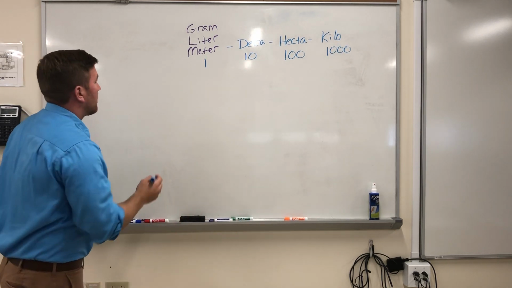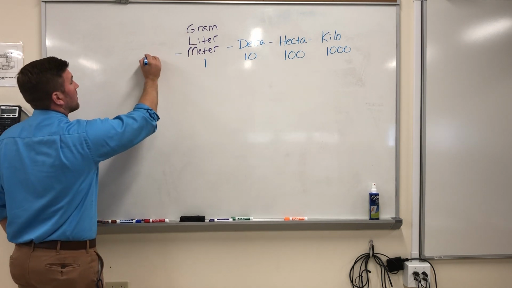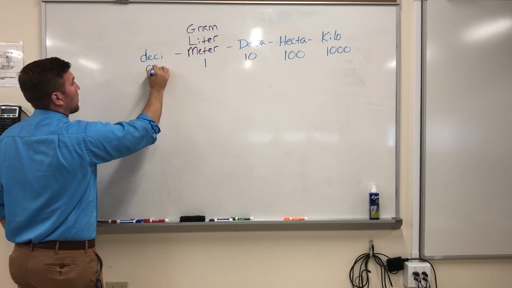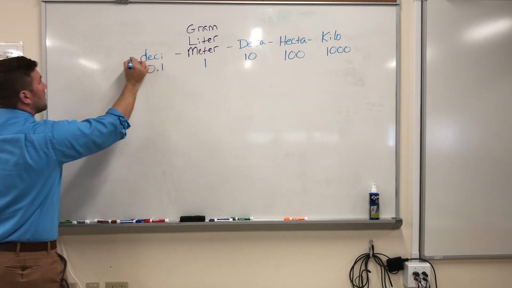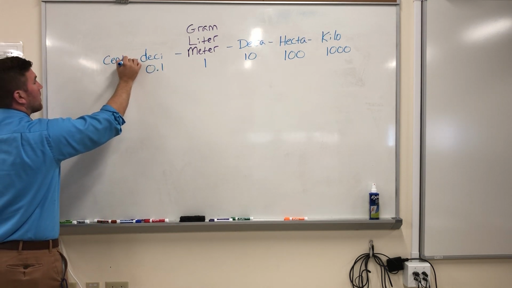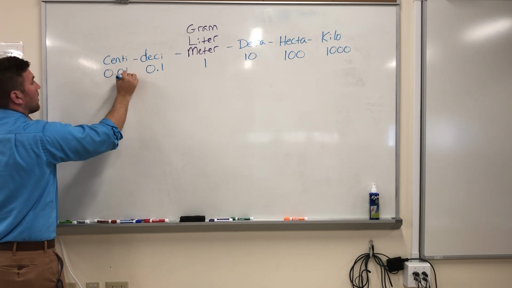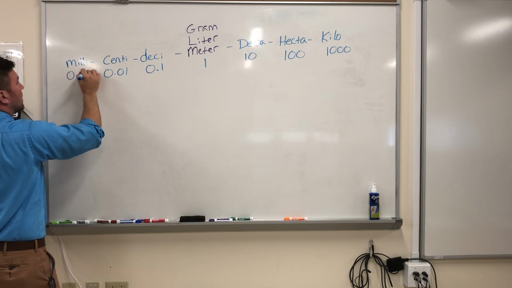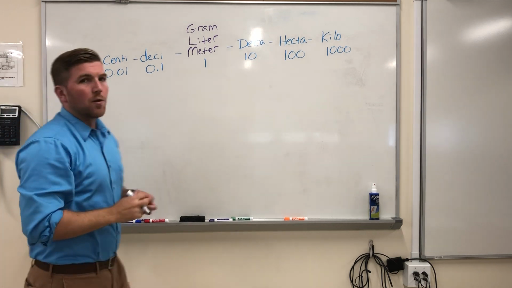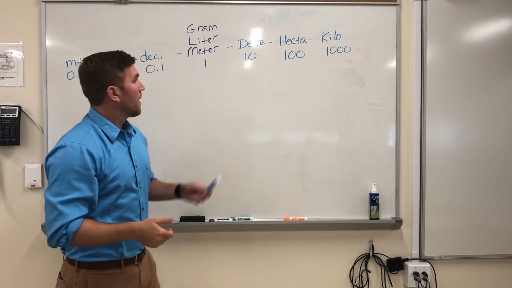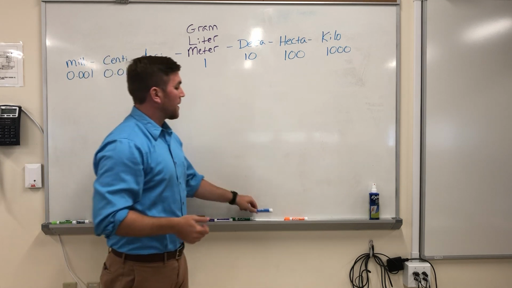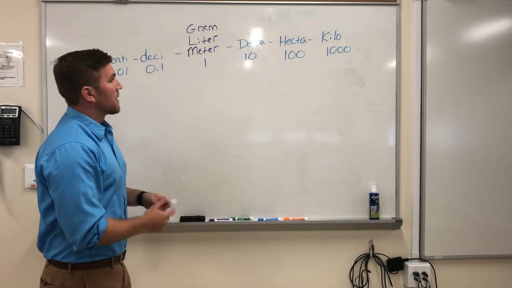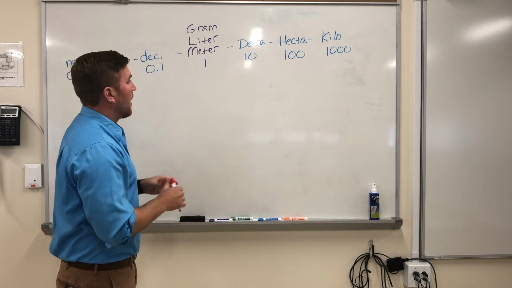Going the other way, going down from our base unit, we have deci, which is 1 power of 10 lower, centi, which is 100th, and then milli, which is 1,000th. So as we move in the metric system, we change by a power of 10 depending on which way we're going on the continuum.